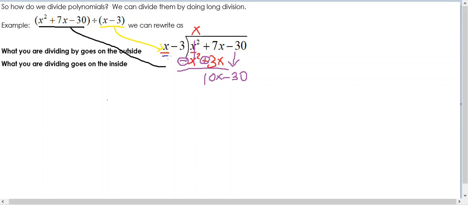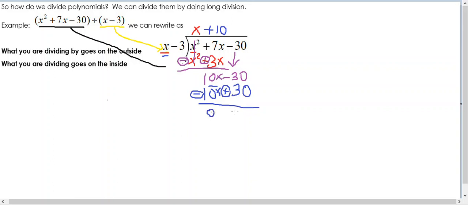I say, what times x will give me 10x? Well, I know that would be plus 10, because 10 times x is 10x. 10 times negative 3 is negative 30. And now I can change my signs. So this was a positive 10x, I'm going to do a minus 10x. This was a negative 30, I'm going to do a positive 30. 10x minus 10x is 0.